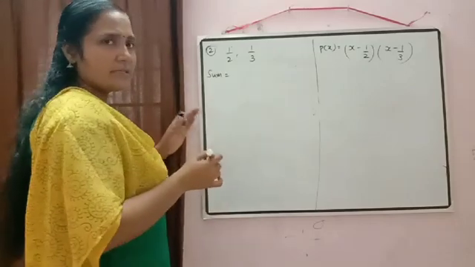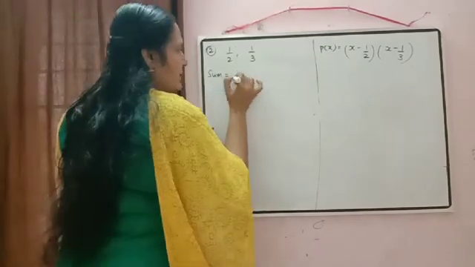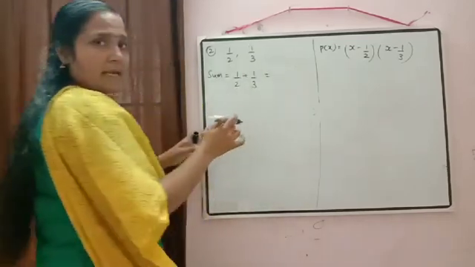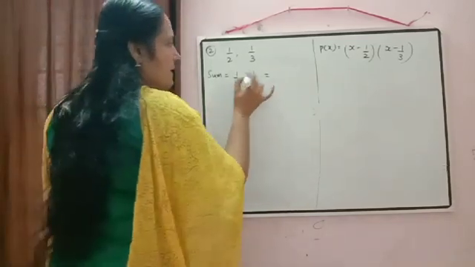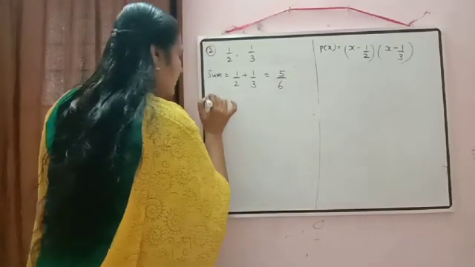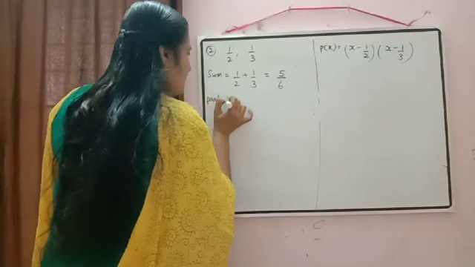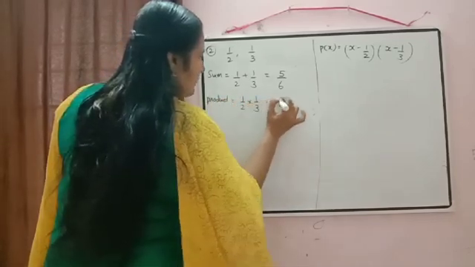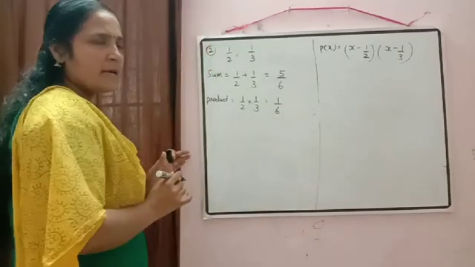Now, if you are using the formula, then first you have to add the two zeros. 1 by 2 plus 1 by 3. Cross multiplication. Then we will get here 3 plus 2, 5 by 6. Similarly, we will find out the product also. Then product will be equal to 1 by 2 into 1 by 3 will be equal to 1 by 6.